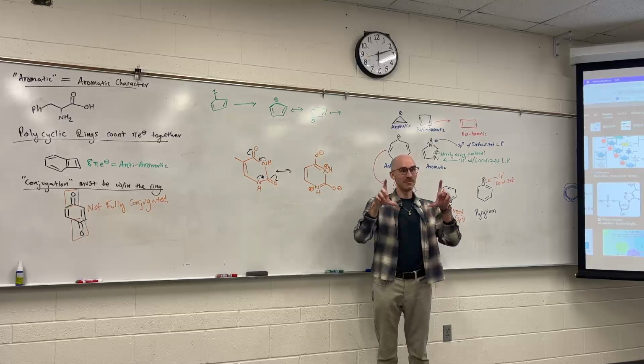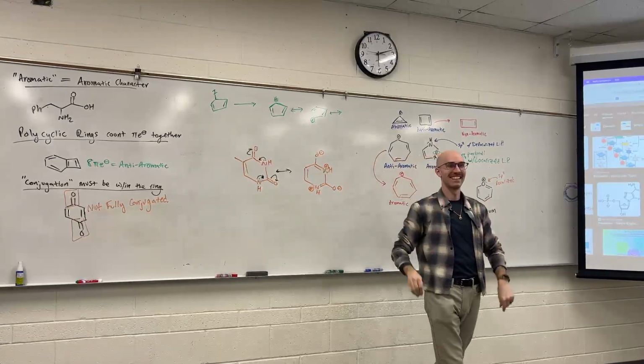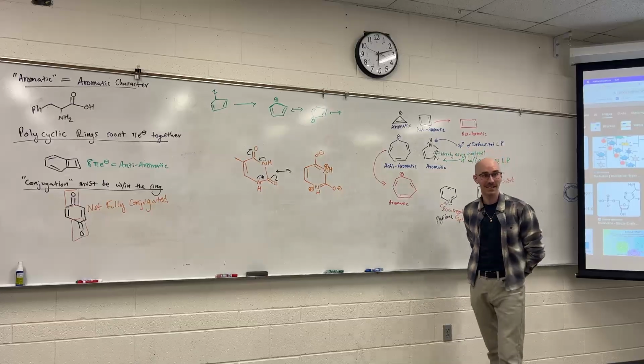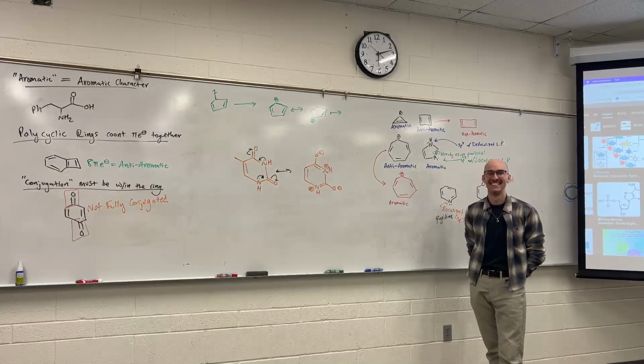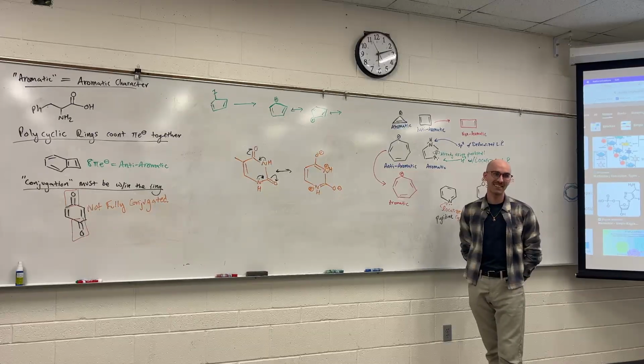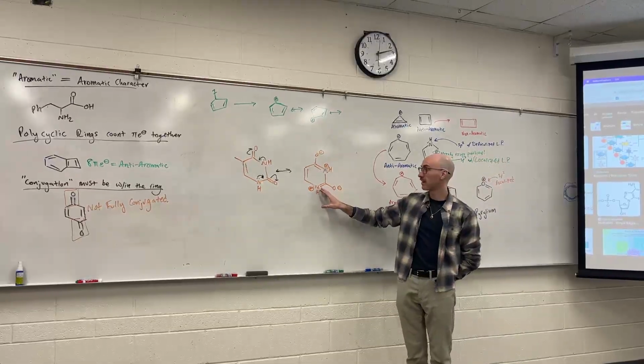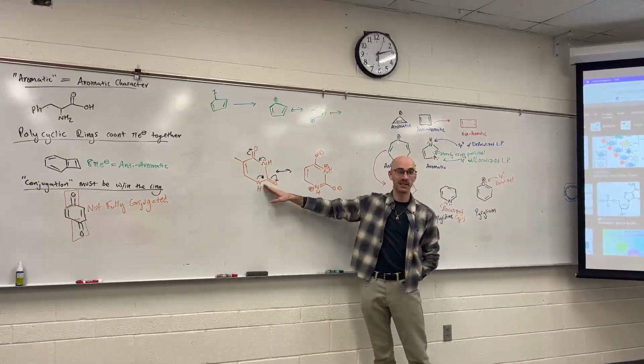Because they exist. But sp3 orbitals, the orbitals that they would be held in, aren't the same as the p and the sp2 orbitals. So if it's sp2 at one point, then it must be sp2 all the time.